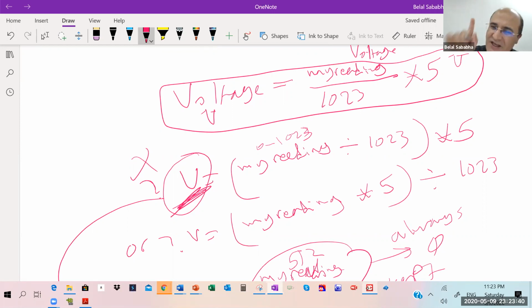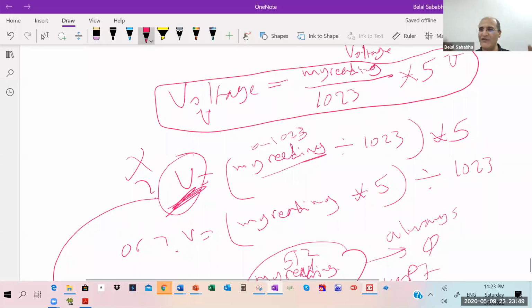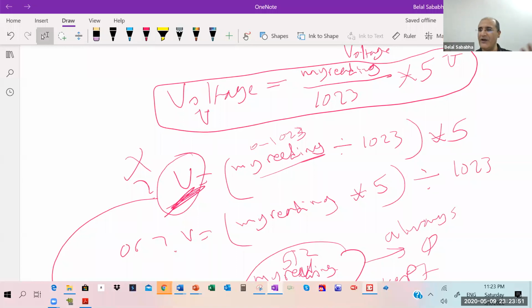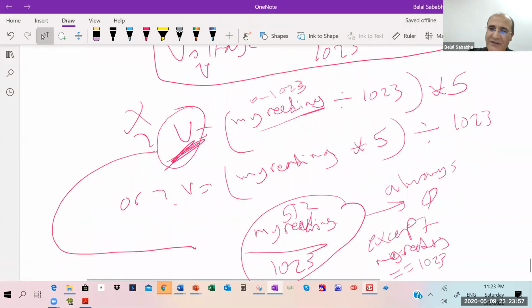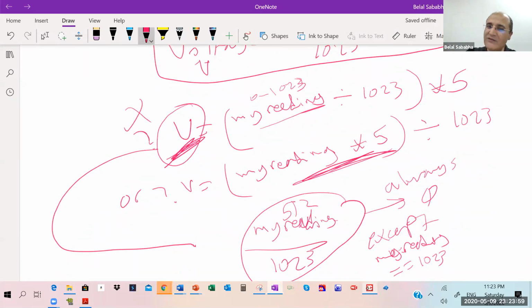And only once, when this is 1023 divided by 1023, 1 times 5. So you're going to be able to know if the voltage is 5, and everything else is going to be 0. Do you understand me? While in this case, I multiplied my reading by 5.